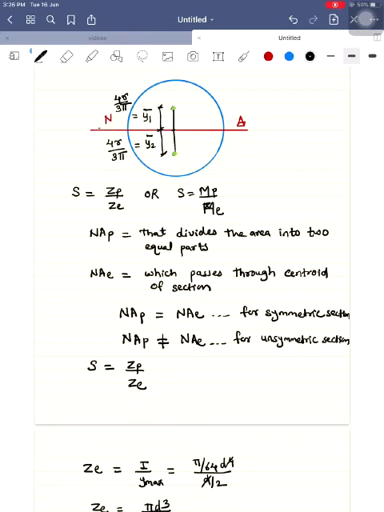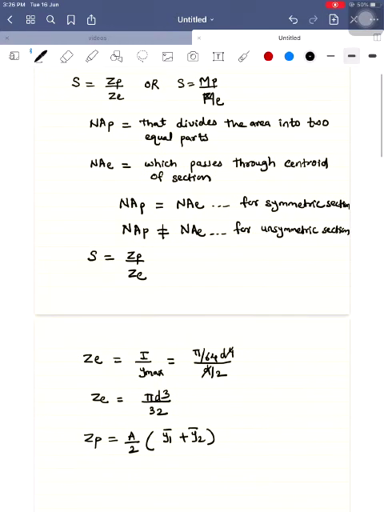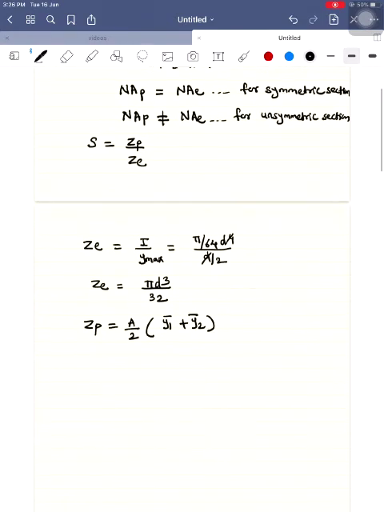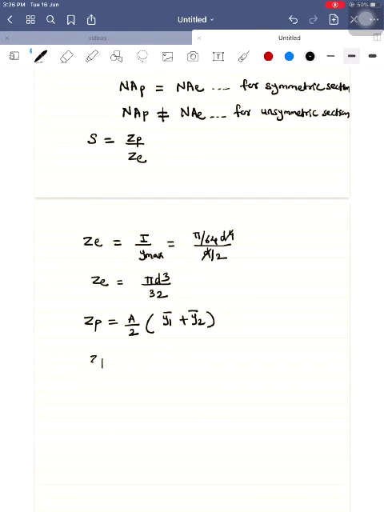In terms of d, we can write it as 4d upon 6 pi, where r is equal to d by 2.